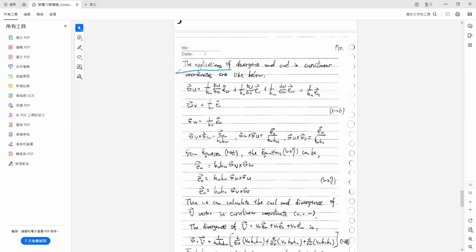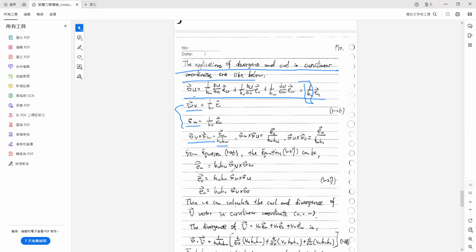So the applications of divergence and curl in curvilinear coordinates are like below. We will demonstrate some important equations here. The gradient of U equals 1/HU vector EU, and we get the same conclusion for the gradient of V and the gradient of W. Then we can get the gradient of V cross gradient of W equals vector EU divided by HV HW.